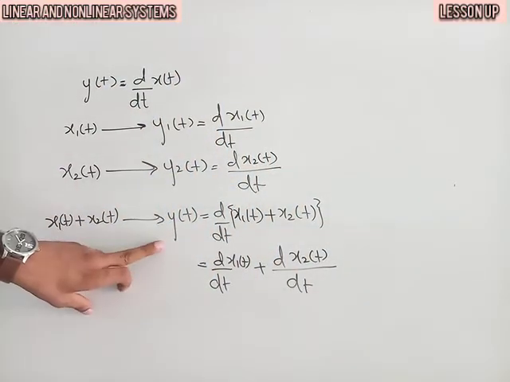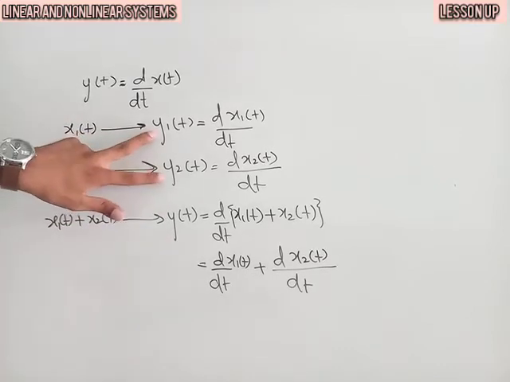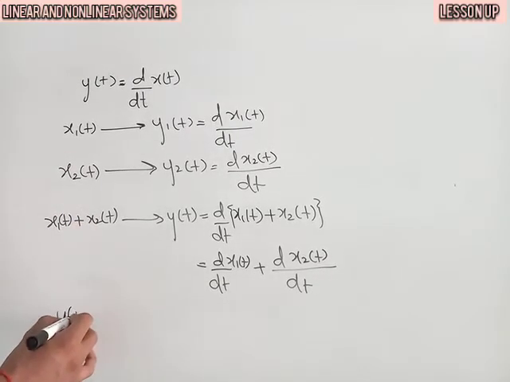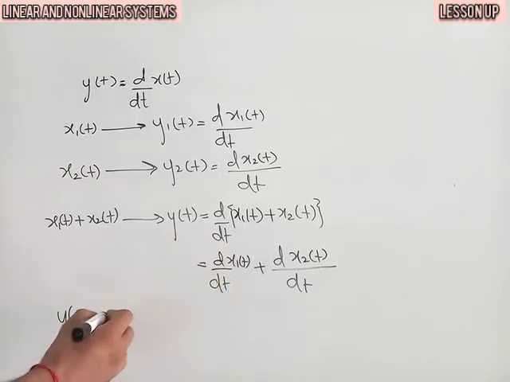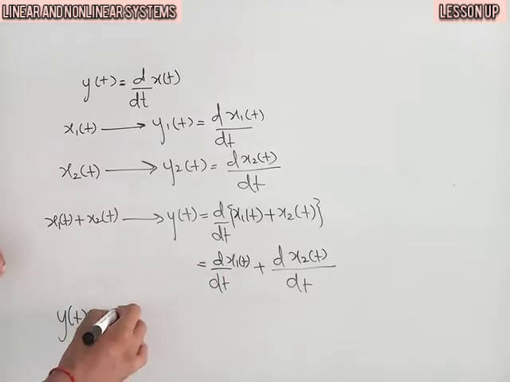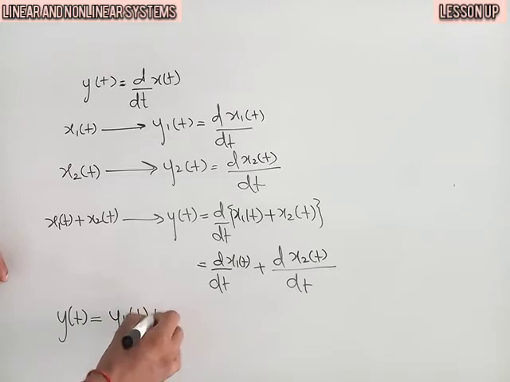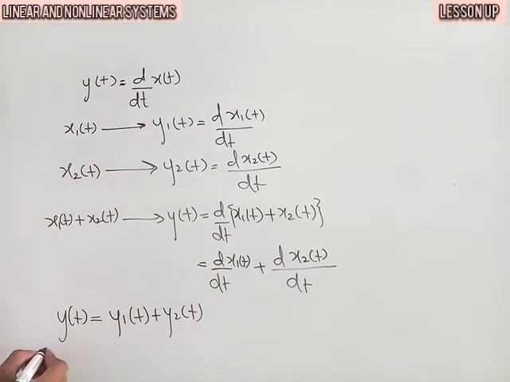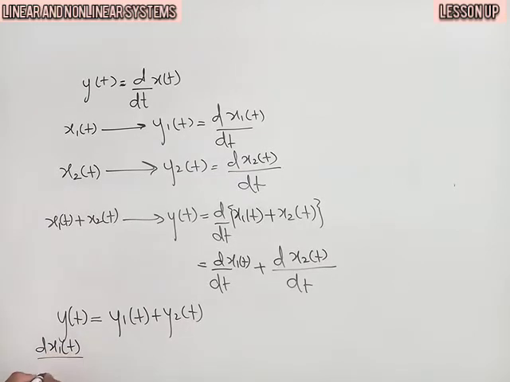Now, this output should be equal to the summation of the outputs which we got from the individual inputs. So, y of t should be equal to y1 of t plus y2 of t. So, y is d x1 of t by dt plus d x2 of t by dt.